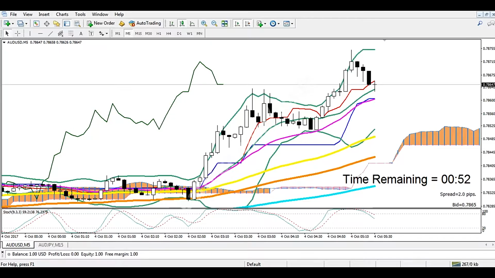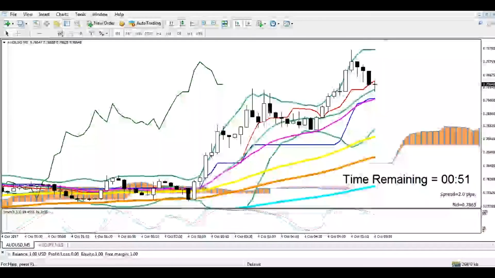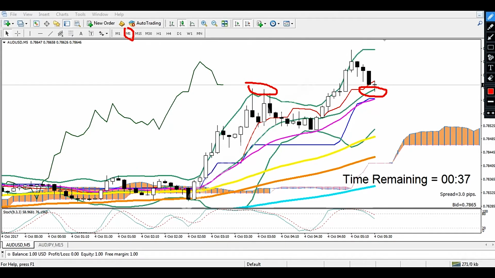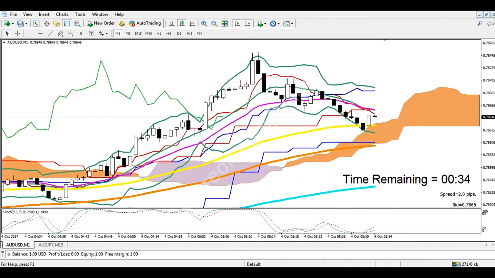Now you see they're already moving pretty strongly after they touch this area right here, which has this middle Bollinger Band on the 5-minute time frame. So you can see that in the 1-minute time frame they move pretty much with this.